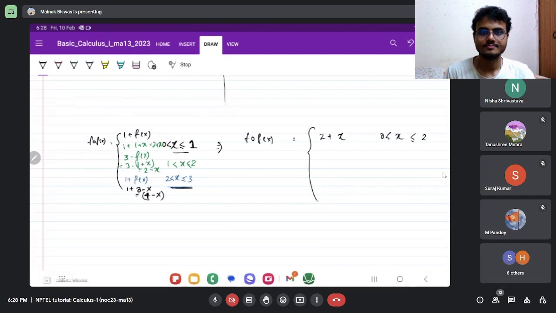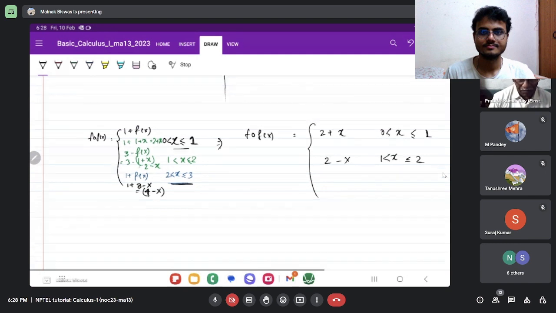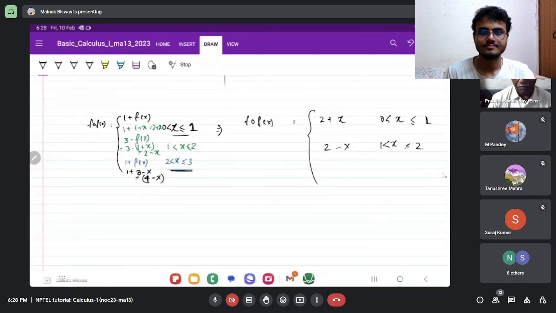Between 0 and 1, between x between 1 and 2, you will have 2 minus x, and between 2 and 3 you would have 4 minus x. So let's see.